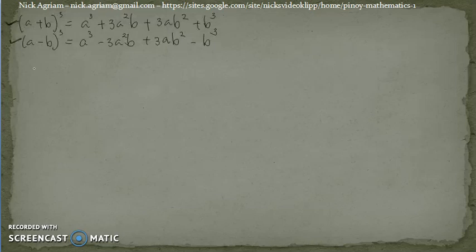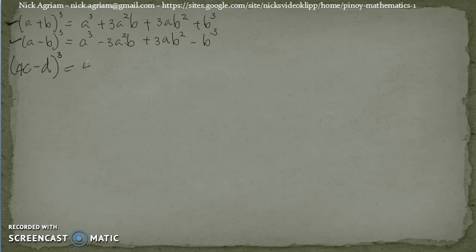Okay, 4c minus d. We have (4c minus d) cubed. I will follow the first pattern, but I will consider all the symbols, the negative symbols or the minus symbols.